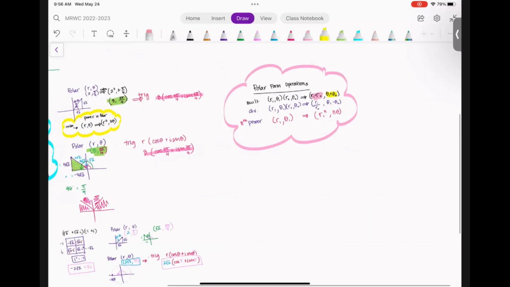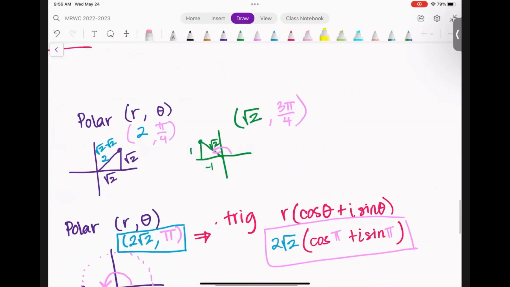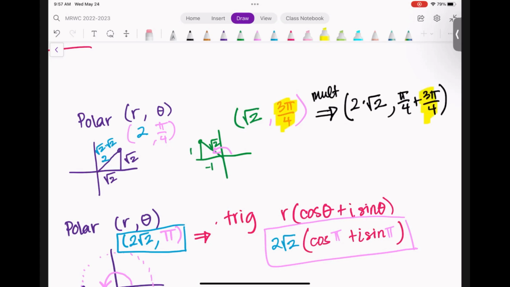So when we multiply these numbers, we're going to go 2 times root 2, and then we're going to add pi over 4 plus 3 pi over 4. Does that make sense? So we're adding them and multiplying them. Just follow that little color coordinated chart there.